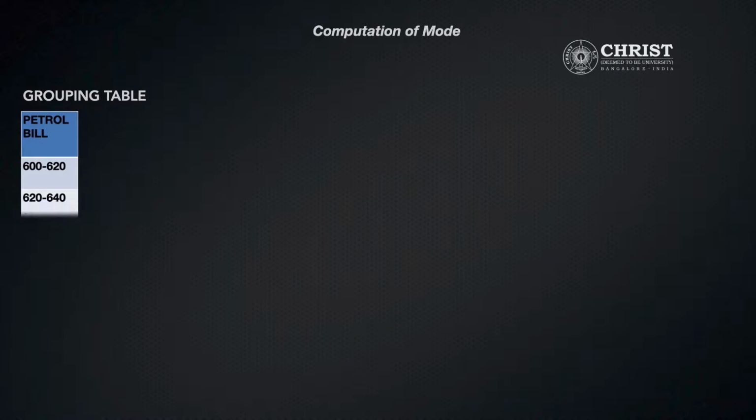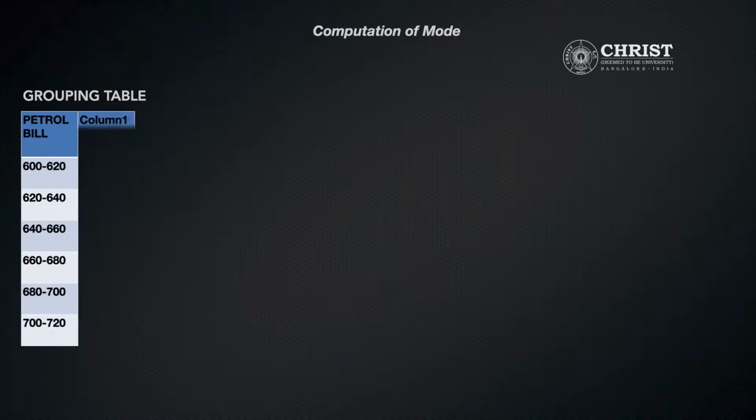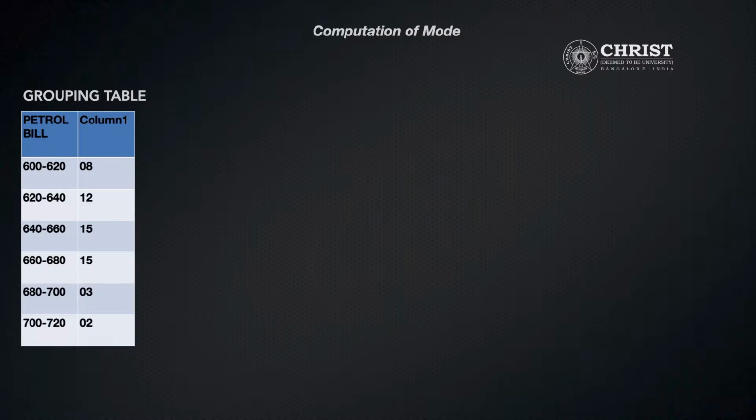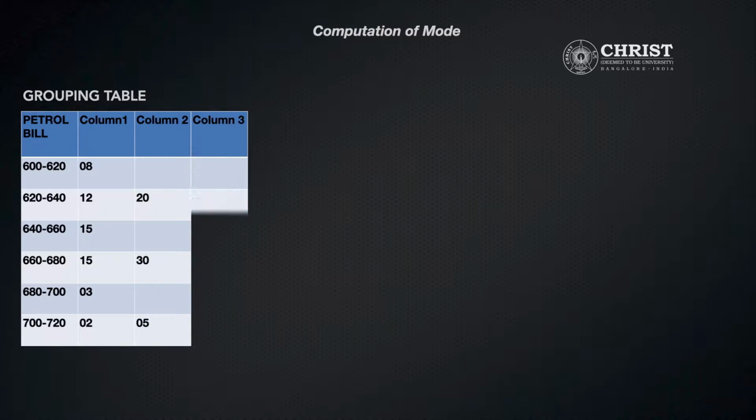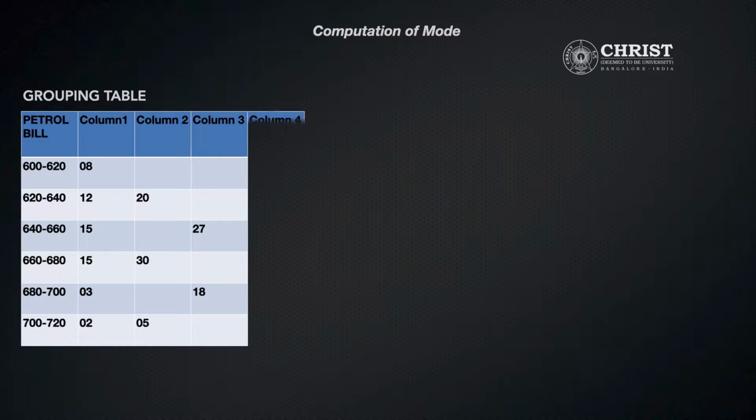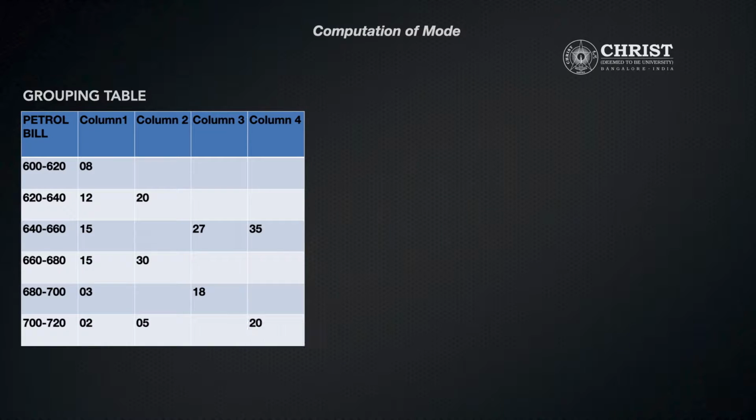When you do the grouping table, you know that column 1 has the frequency values. In column 2, add the frequencies 2 each, that is 8 and 12, 20. Column number 3, leave the first frequency, then add 2 each. 8 we will not consider, 12 and 15, 27. Column number 4, leave the first frequency and add 3 each: 8, 12 and 15, that is 35.